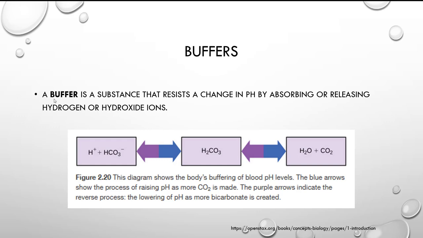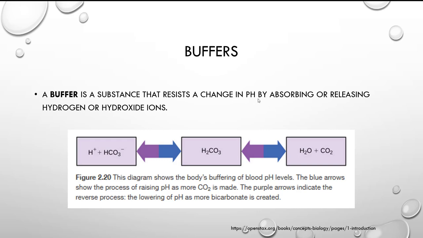So our buffering systems are not trying to keep the pH neutral in any way. We're just resisting the change in pH. Sometimes students think that buffers keep it at pH neutral.